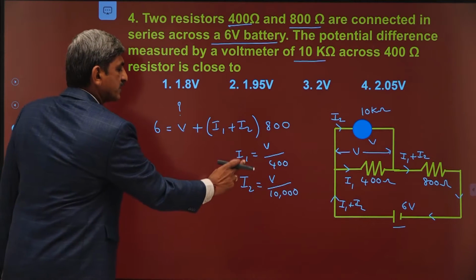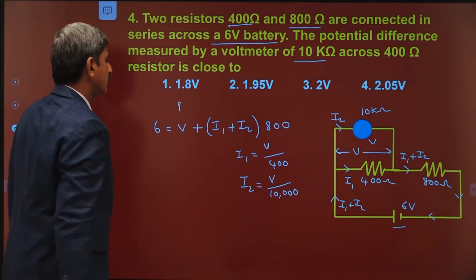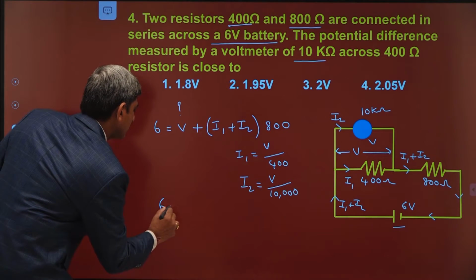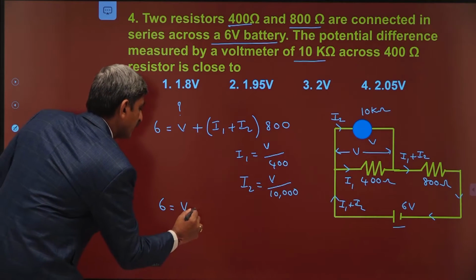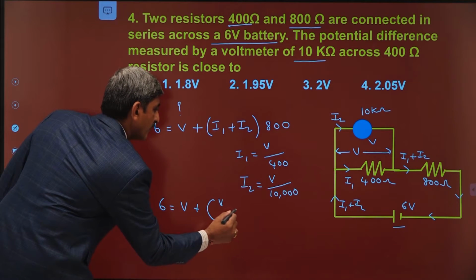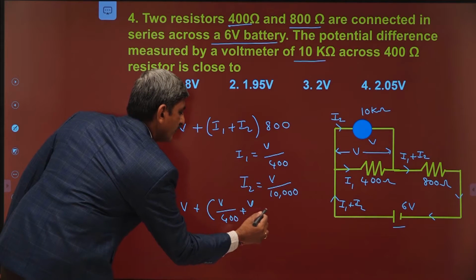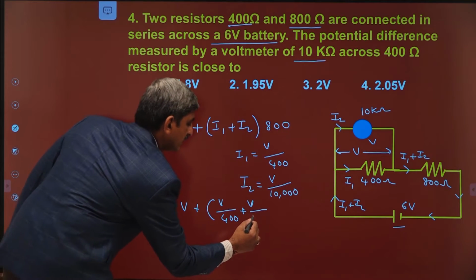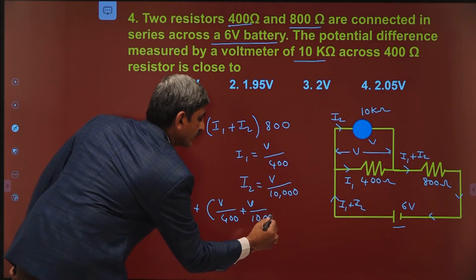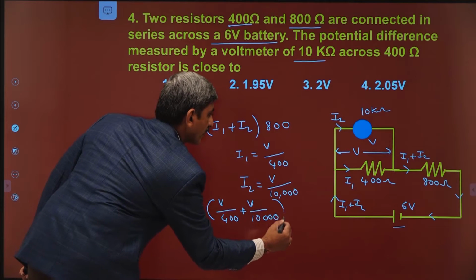Now, substituting the I1 and I2 values in this equation, it becomes 6 is equal to V plus (V by 400 plus V by 10,000) of 800.